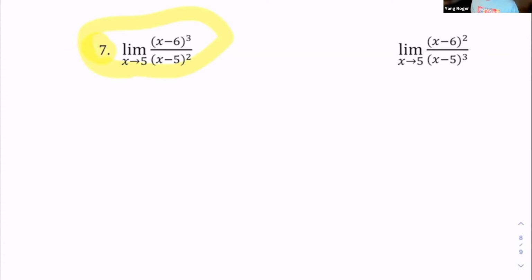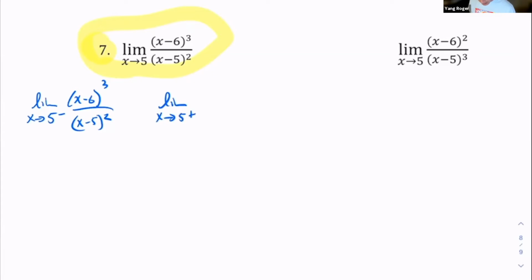You don't have to, but it's smart to. So I'm going to do that. We're going to get the limit as x goes to 5 from the negative side of (x minus 6) cubed over (x minus 5) squared. Technically, you don't have to split this one, but I don't know if you know that already, so let me just split it in case.